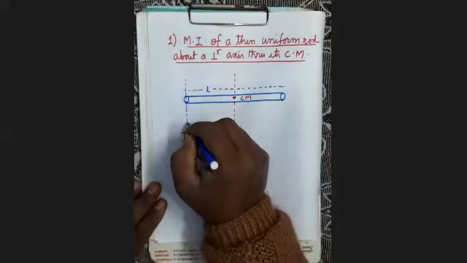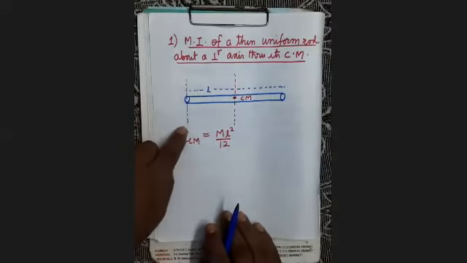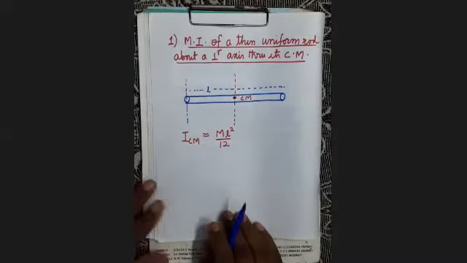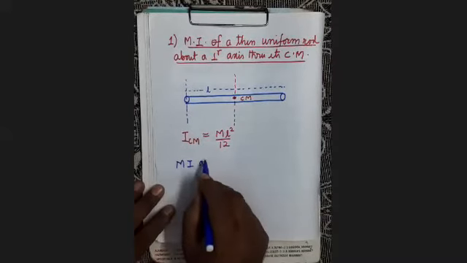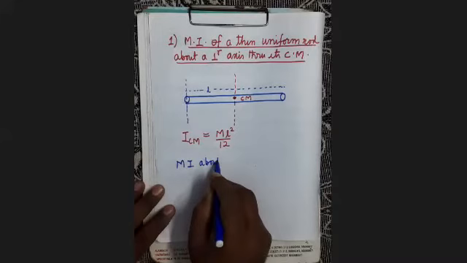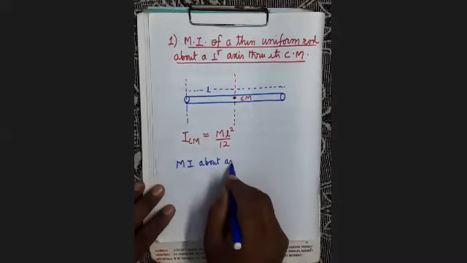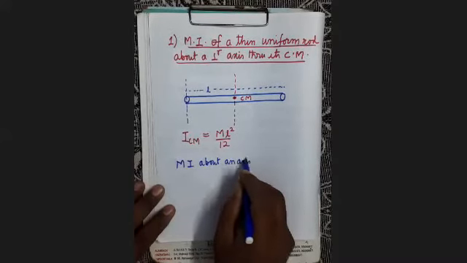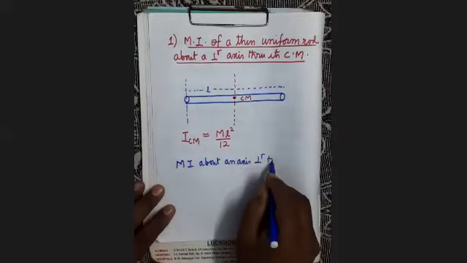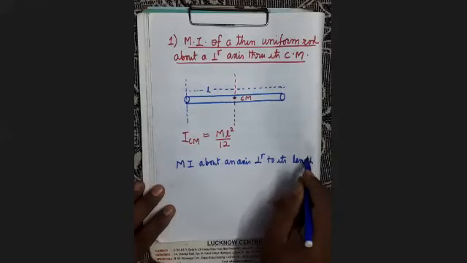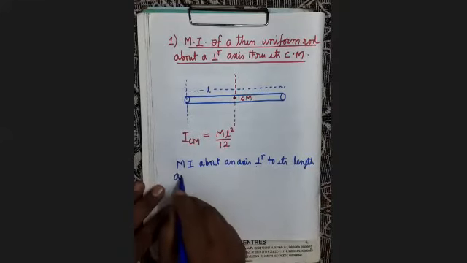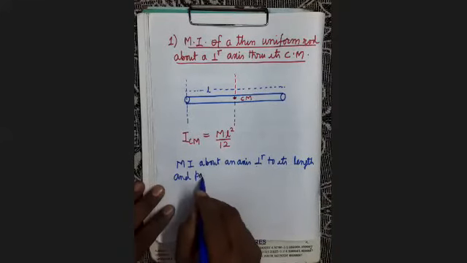Now suppose you have to determine its mi about another perpendicular axis, another axis which passes through its one end and perpendicular to its length. Mi about an axis perpendicular to its length and passes through one end.